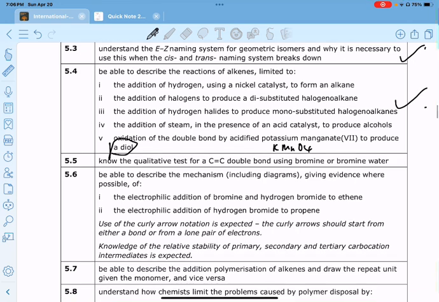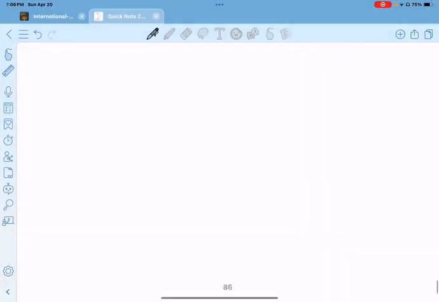This whole thing done. Know the qualitative test for a C=C double bond using bromine or bromine water. Okay, bromine. What is the color of bromine? I'd want to say that the color is red-brown actually. When you are testing for the presence of an alkene, it's important that we use either bromine or bromine water, okay?